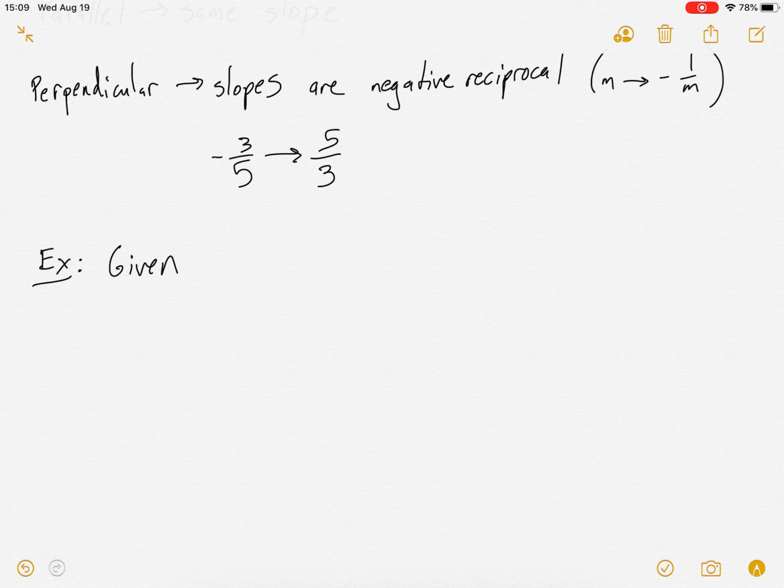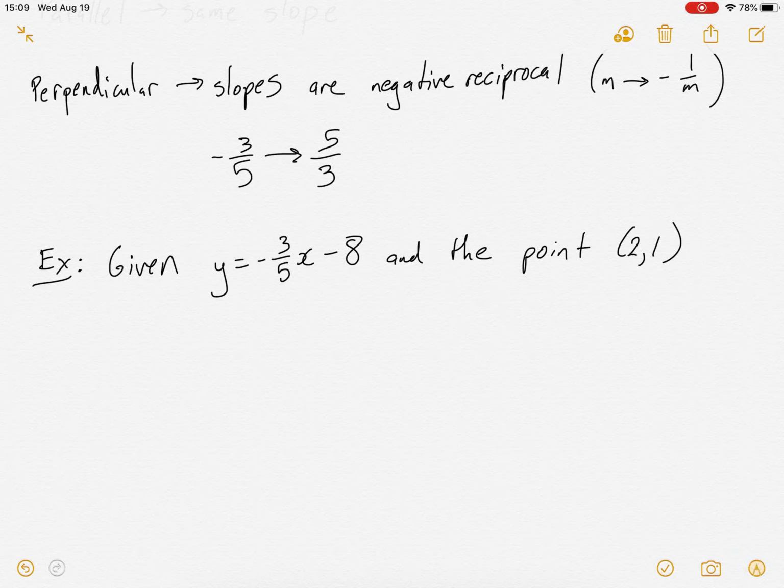Let's say you're given a line y equals negative 3 over 5x minus 8. And the point 2, 1. So 2, 1 is not on the graph of this line. I'm just saying we're going to be using this equation and this point.